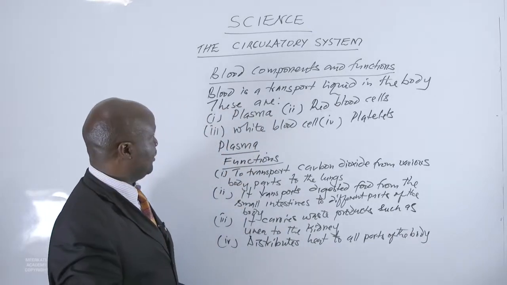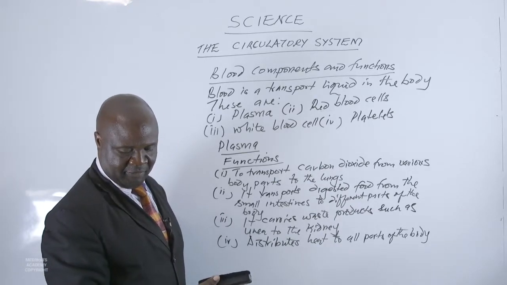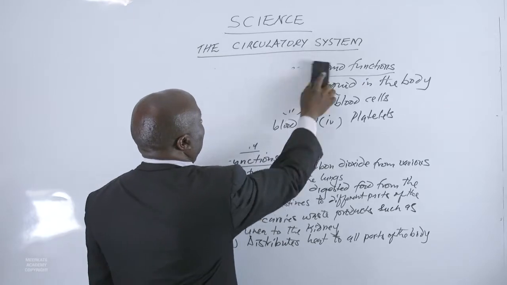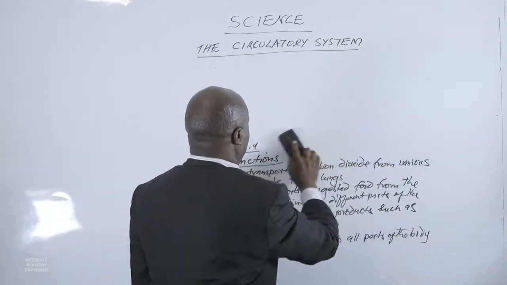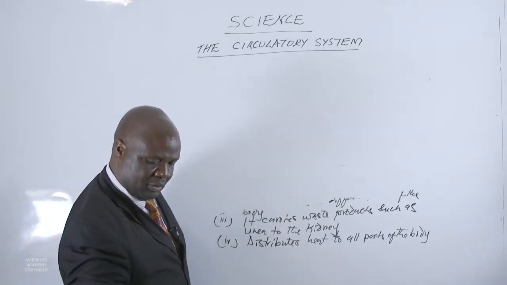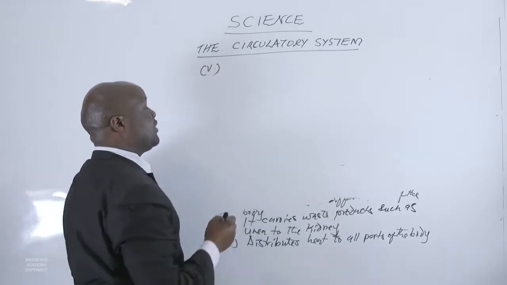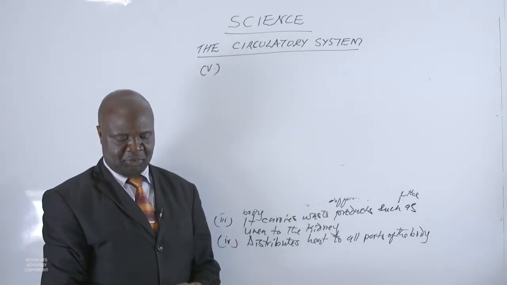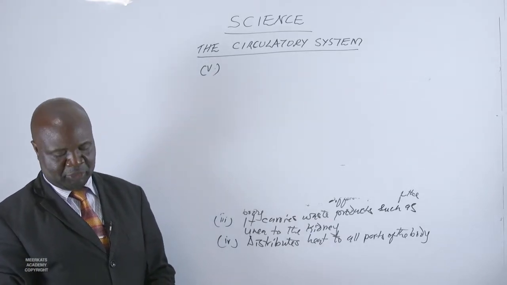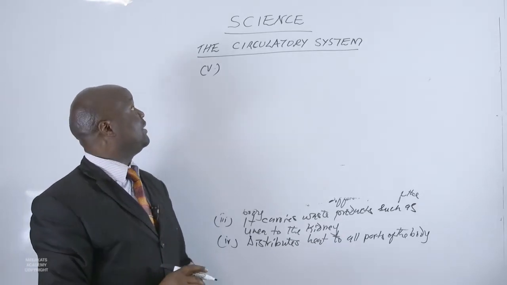We have seen the 4 functions of plasma, but we have a 5th function. We want to see the 5th function of plasma. It transports special chemicals called hormones to the parts where they are needed.